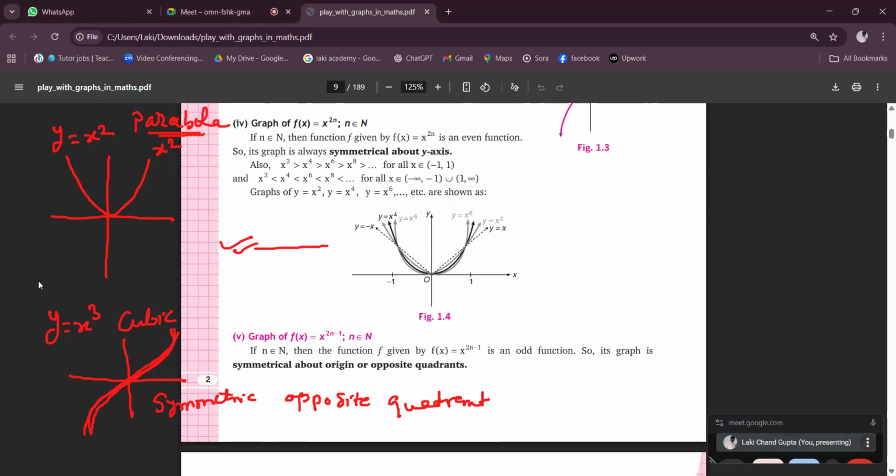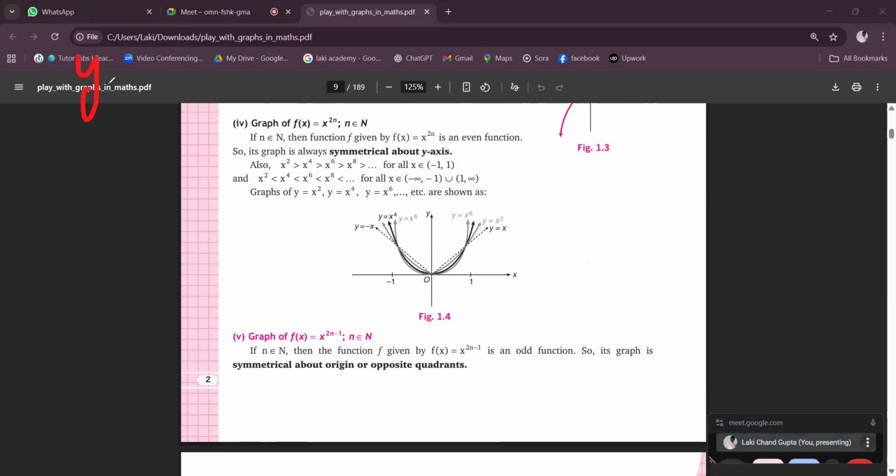Now see, you have already learned what? If y is equal to x square, the graph will look like this. So always remember when any type of graph is in the form of x raised to 2n, the shape of graph will be parabola always.